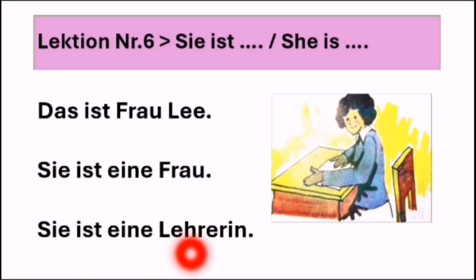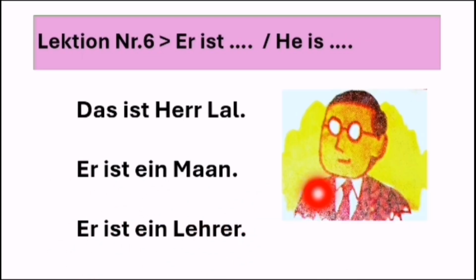Sie ist eine Lehrerin. So, this is me, okay, Mr. Lal. Er ist, he is. Das ist Herr Lal. This is Mr. Lal, okay, Herr, Mr. in German. Das ist Herr Lal. Er ist ein Mann. He is a man. Er ist ein Lehrer.